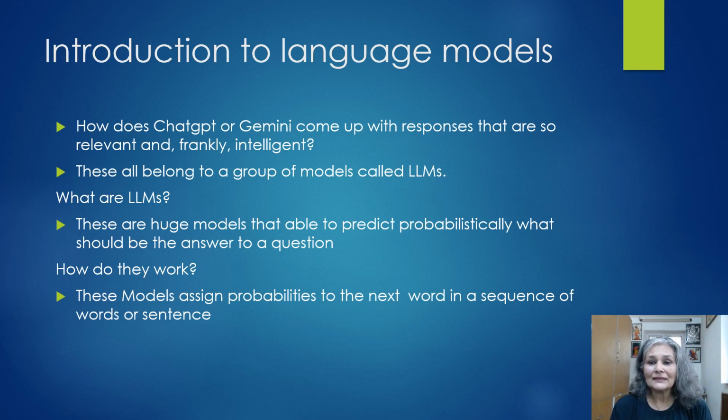These are massive models that take millions of computers to train and to do prediction. And these models are then able to predict probabilistically what should be the answer to a question. So the answer lies in probability, my friend. How do they work? These models work by assigning probabilities to the next word in a sequence of words or sentences. So it's as simple as predicting the next word.